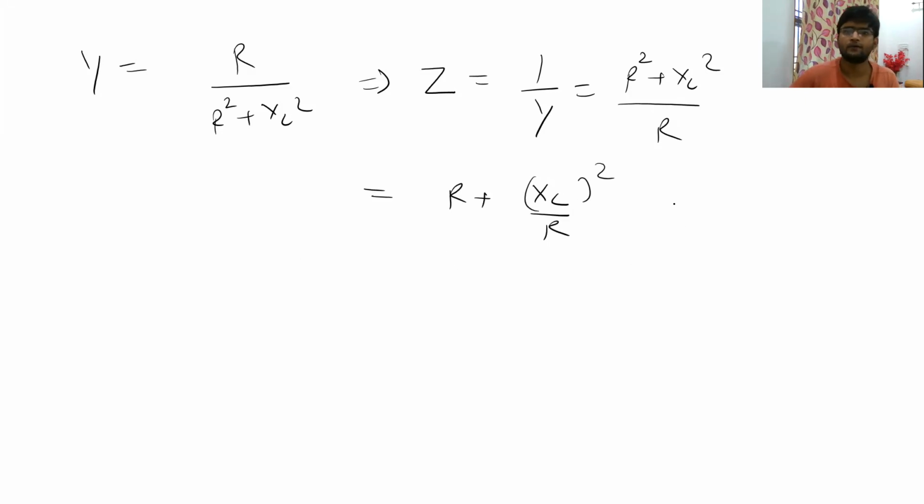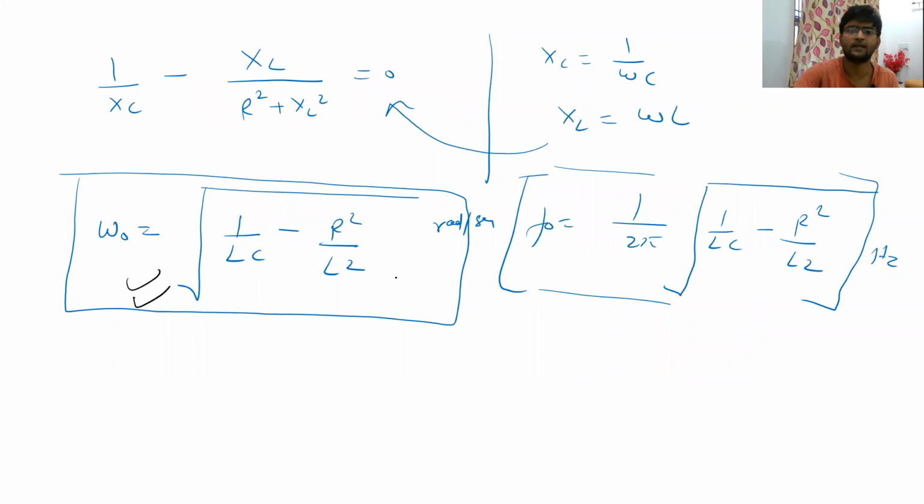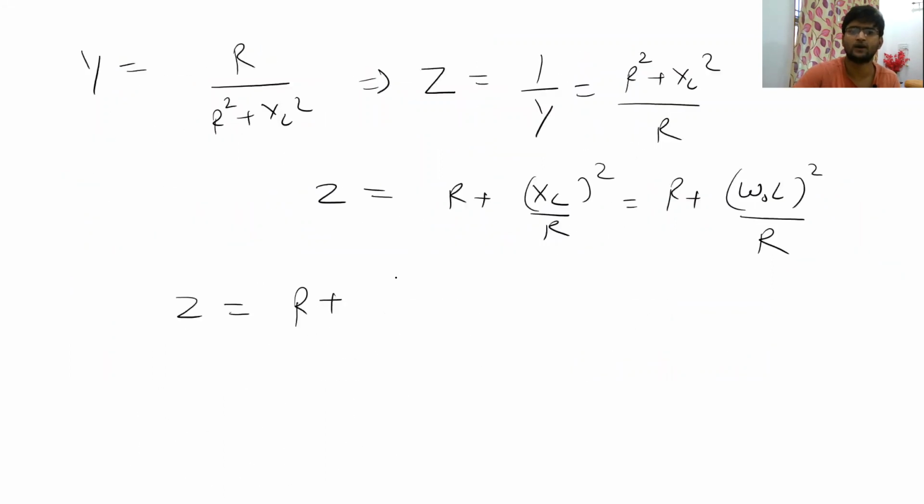Now we know that XL is nothing but omega naught L, squared, divided by R. So what we have to do is just put the value of omega naught here and try to calculate. So let us do it. R plus, what is the value of omega naught squared? You already know it is 1 upon LC minus R square by L square.